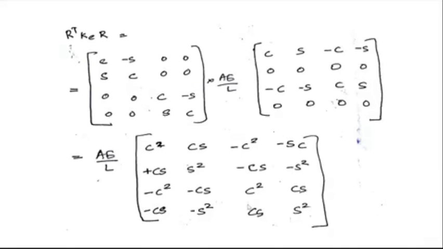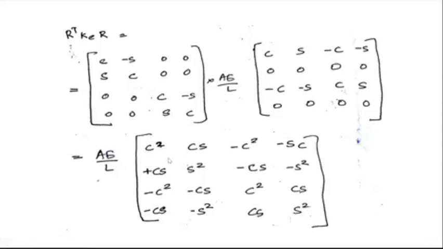So whenever you get a problem, there is no need to always find the local coordinate KE matrix and after that multiply it and convert it in every step. That is not required. You have to directly write the expression for KG of the element. Okay, so cos square theta, sin theta cos theta, like that, and you require only theta, and theta is the angle between the local x-axis and global x-axis of the particular element.